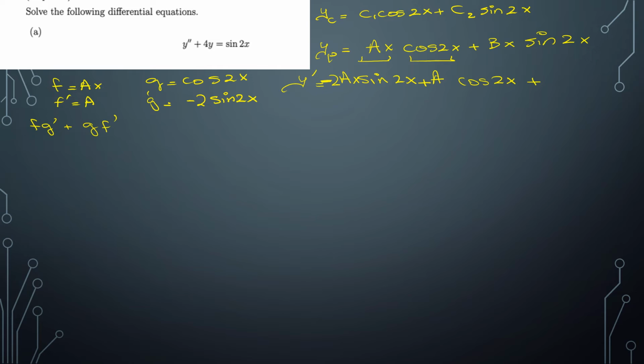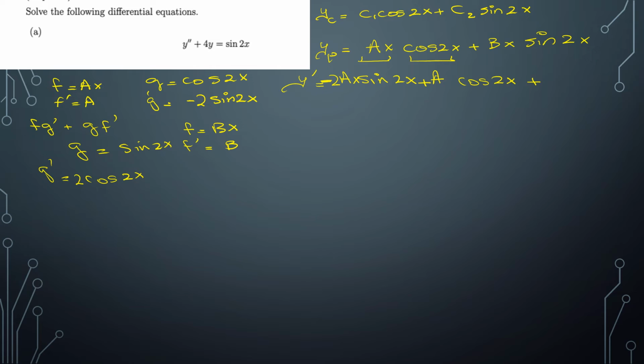Same way we have to do it with the second term, that is your f is bx, and f prime will be b, and your g is sine 2x, and the derivative of sine is cosine 2x, and the inner function's derivative is 2.